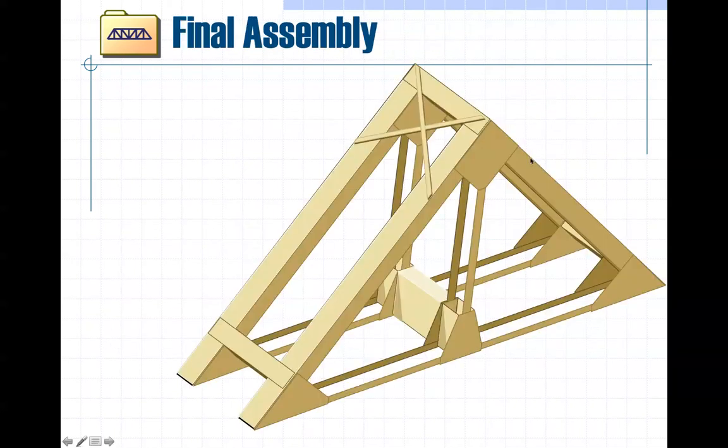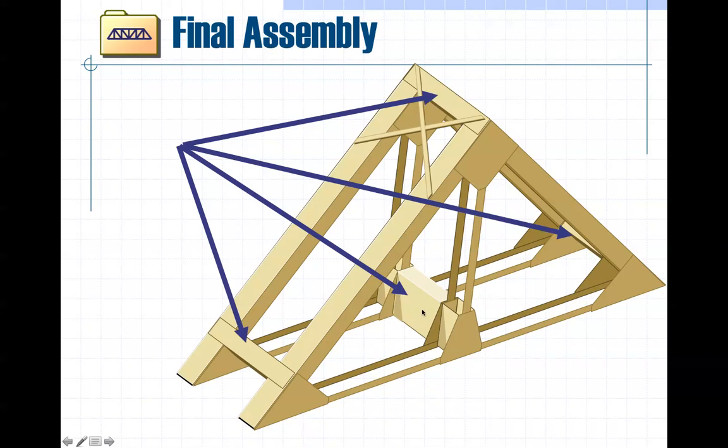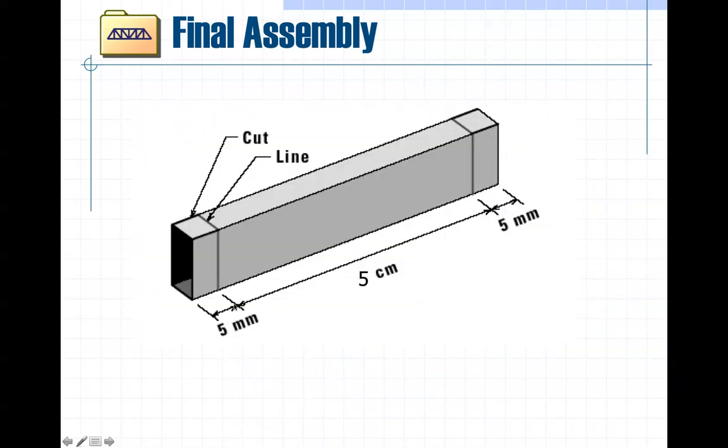Okay, so now we're going to assemble the final bridge. You've got the two halves, the two trusses. Now what you're going to do is put them together with these cross tubes. Okay. So you have these 6 centimeter tubes. I believe they're 6 centimeters. Cut off.